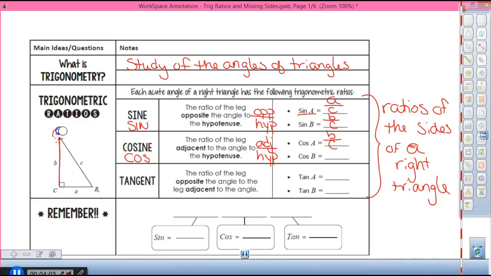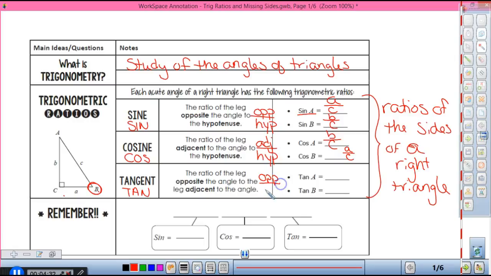Okay, so now if I'm looking at B, adjacent is A over C, over the hypotenuse. Okay, and tangent, abbreviated tan, is the ratio of the opposite leg over the adjacent leg.